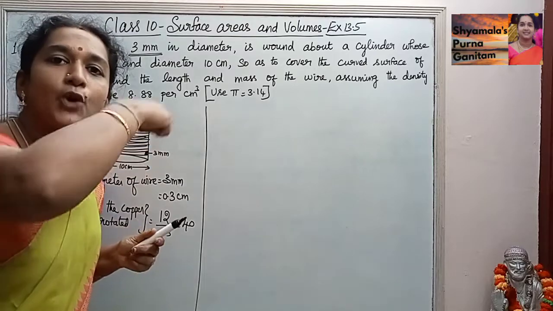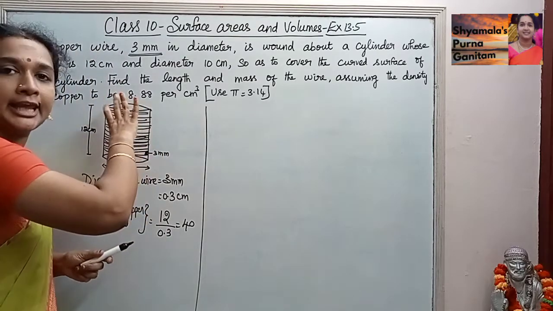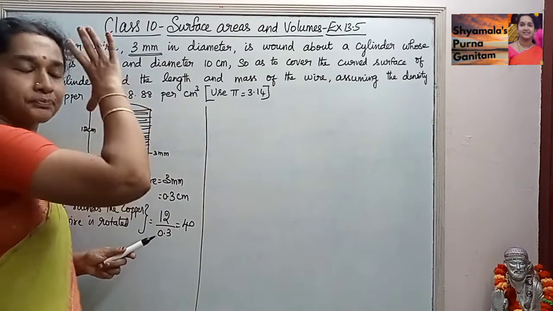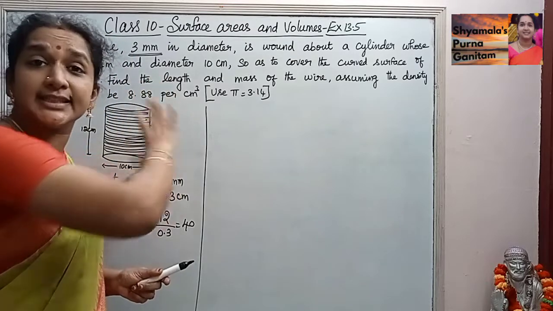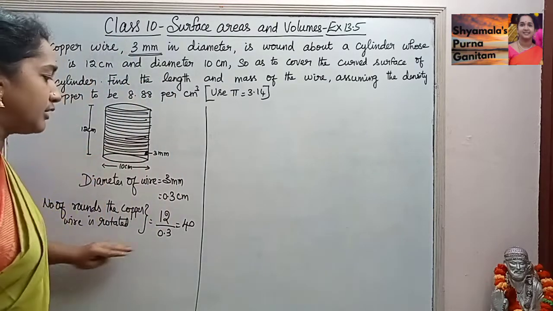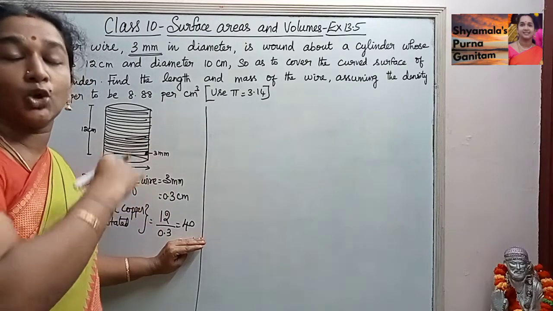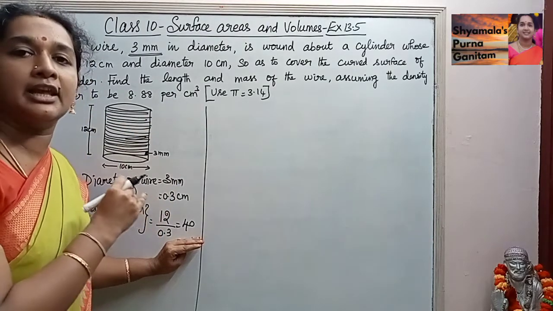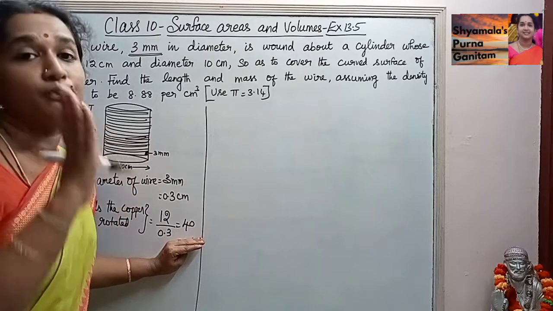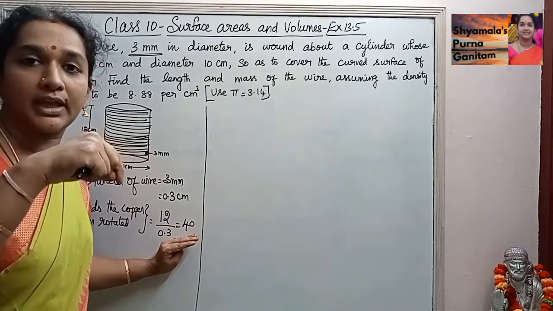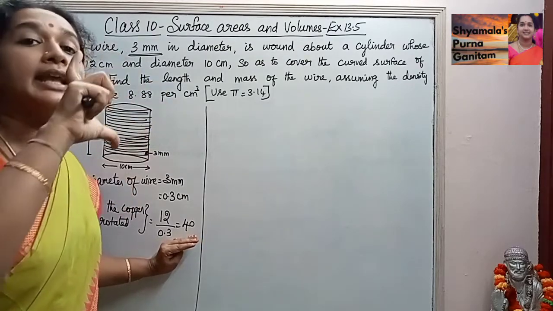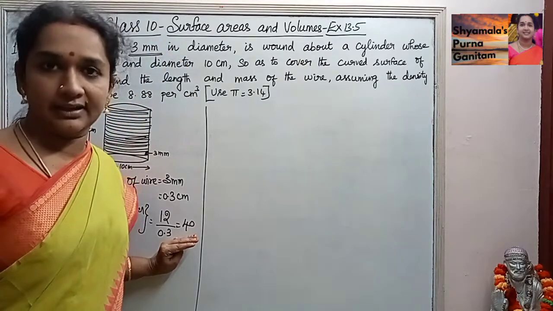With 40 rounds, the wire will cover the entire height of the cylinder.